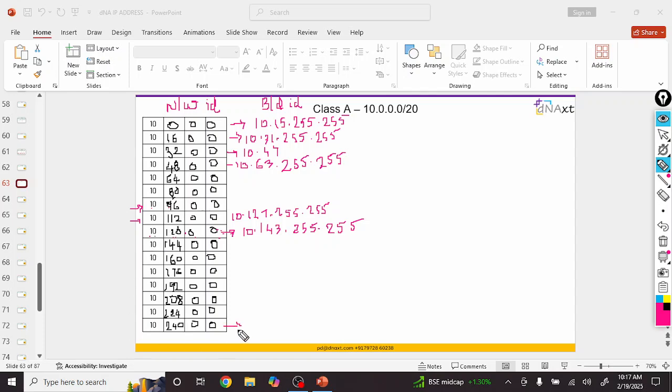For the last subnetwork, 10.255.255.255 will be the broadcast ID and 10.255.255.254 will be the last valid host. The first valid host over here will be 10.240.0.1.